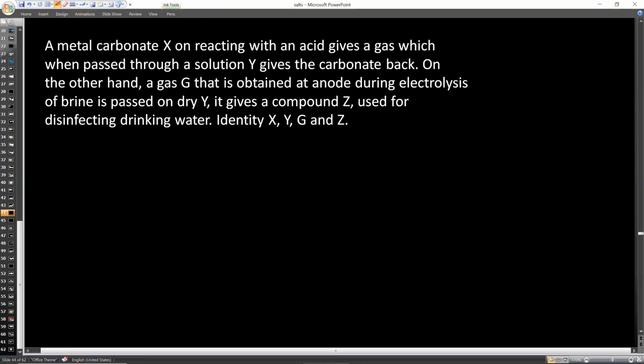A metal carbonate X. Metal carbonate means this is metal and this is carbonate. A metal carbonate X, that letter is X and it has the carbonate group. If we don't know the valency, we just consider it metal carbonate X. On reacting with acid, it gives a gas. So what happens when metal carbonate reacts with acids? Tell me.